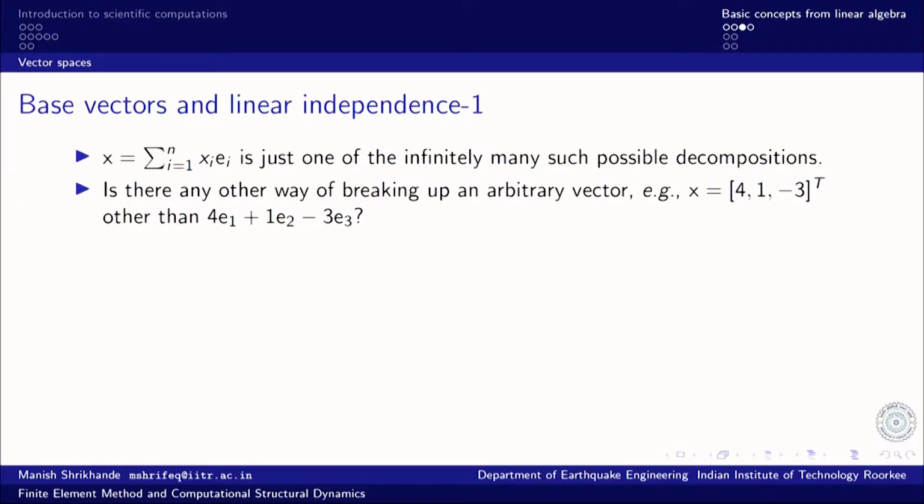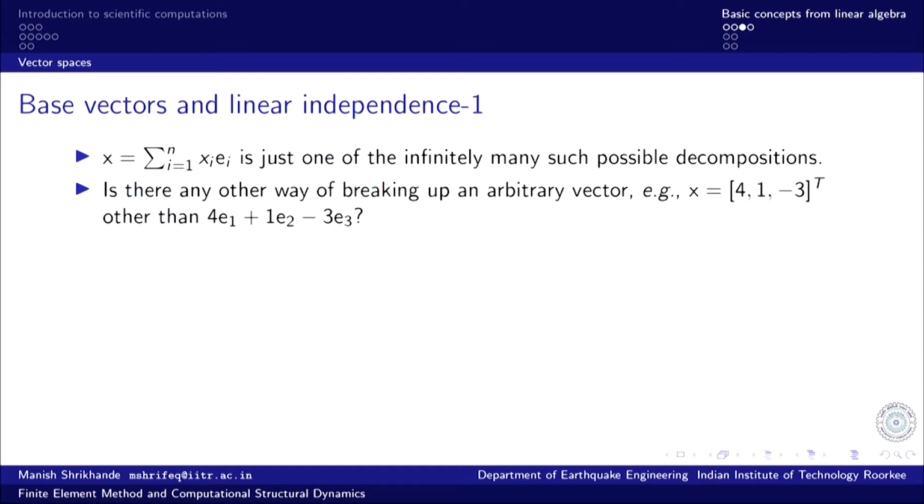So, just as a numerical example to explain the concept, this arbitrary vector, again I will work with a vector of 3 dimensions, because it is easier to understand, easier to conceptualize, easier to visualize, but the results are very general. It can go up to any value of n, even extending to infinity.